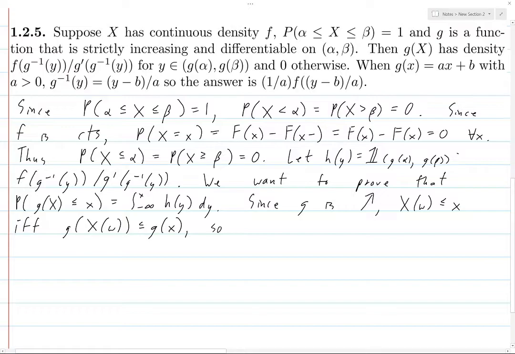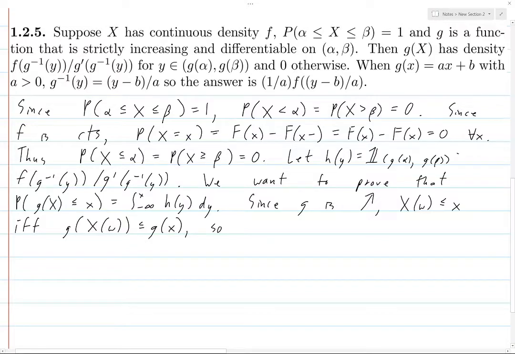And that's just true of increasing functions because, wait, let me think about this. Right, because it's increasing, so if x is greater than or equal to X of omega, when you put it in, it's going to be larger.